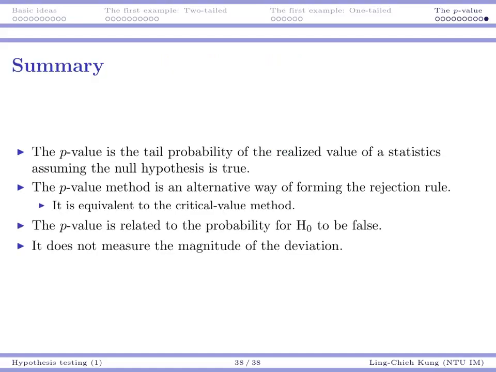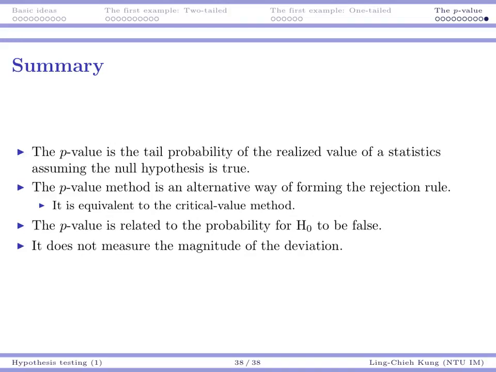Okay, summary. The p-value is the tail probability of the realized value of a statistic, assuming that the null hypothesis is true. The p-value method is an alternative way of forming the rejection rule. You have the critical value method, you have the p-value method, they are just equivalent. The p-value is related to the probability for your H0 to be false.